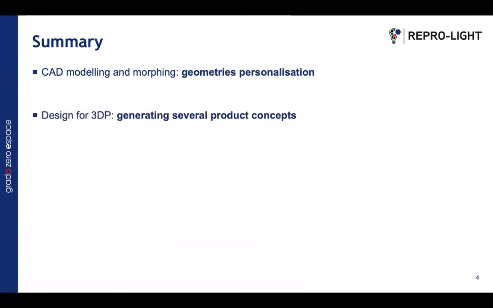We will then present some examples of design for additive production, with the aim to show you how it is possible to appropriately use CAD modeling for generating several product concepts that can be digitally manufactured.